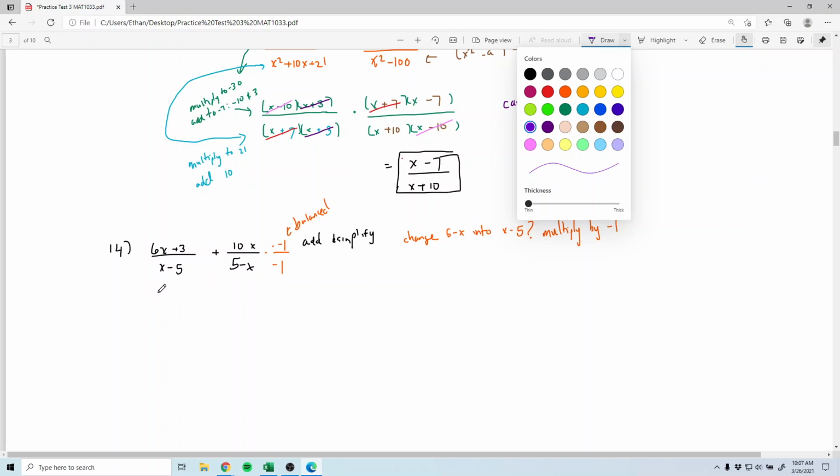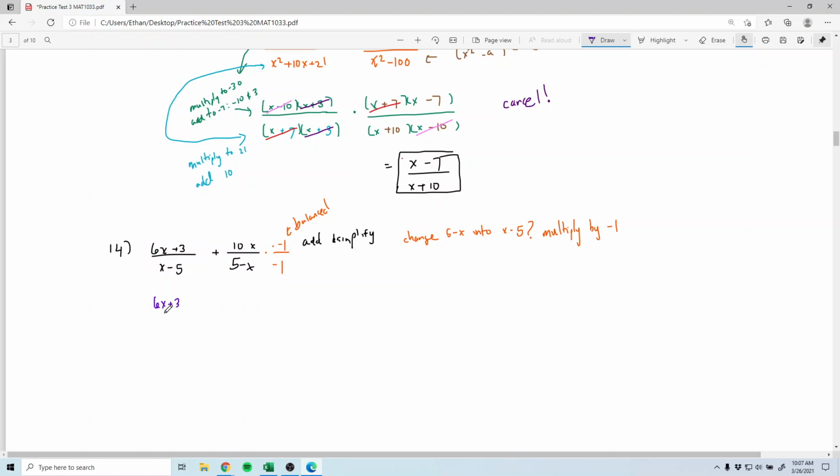So when we do that, we got 6x plus 3 over x minus 5 plus 10x times negative 1 would be negative 10x. Now, 5 minus x times negative 1, I just want to write what it looks like on the side. Because this has a plus or a minus, you actually have to write a parentheses and distribute, just so you can see that it does work.